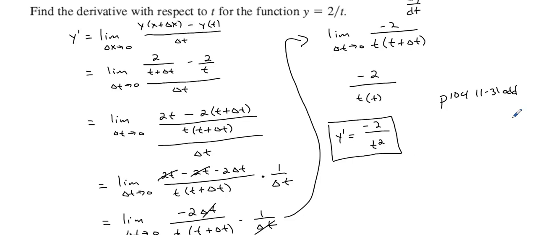On 25 through 31 odd, it says use your graphing utility to graph the function and tangent line at the point and use the derivative feature of the graphing utility to confirm your results. Only do part A. Part A only means find the equation of the tangent line. We'll work with a calculator later to help you find the derivative pretty quickly, almost instantaneously. We'll do that later though. Okay, got a couple minutes to get started. Might as well do that.